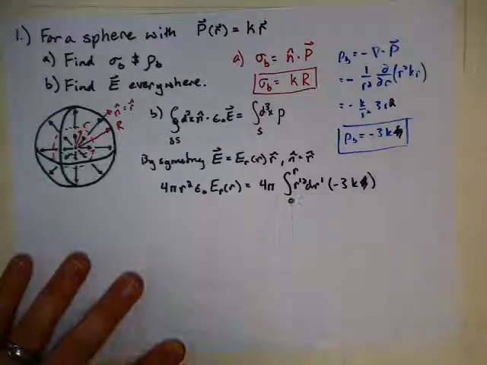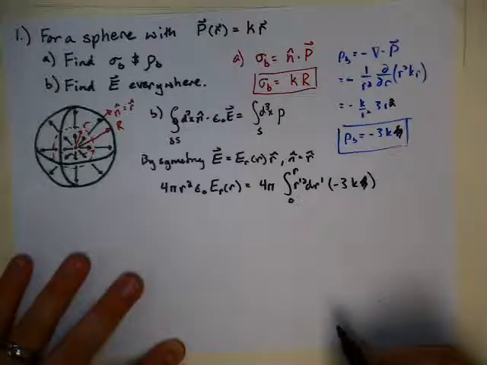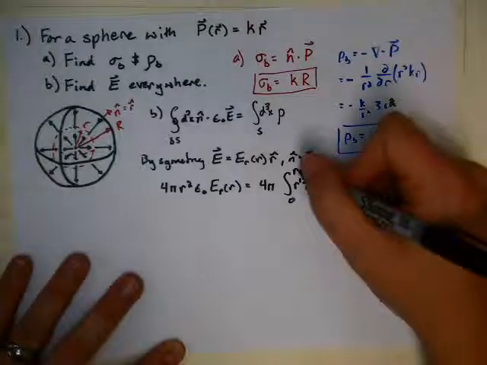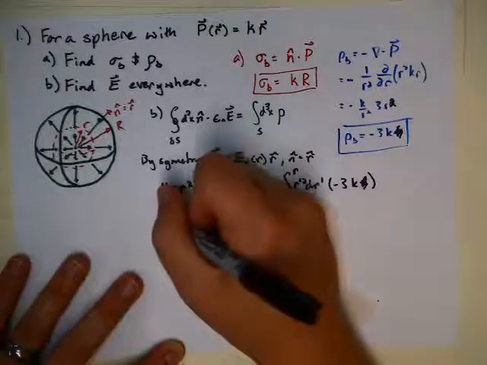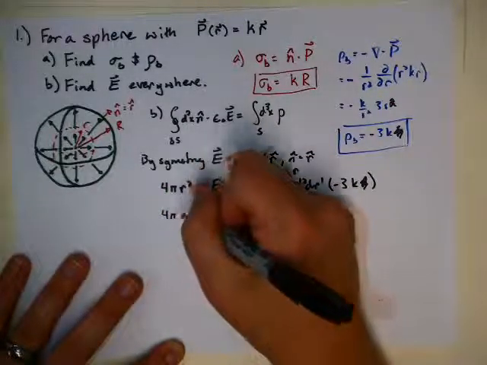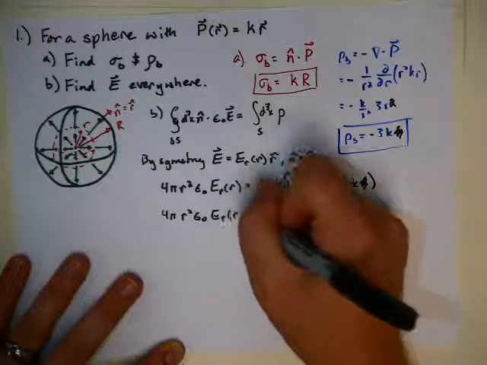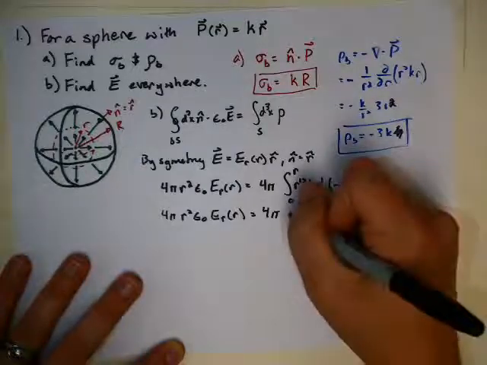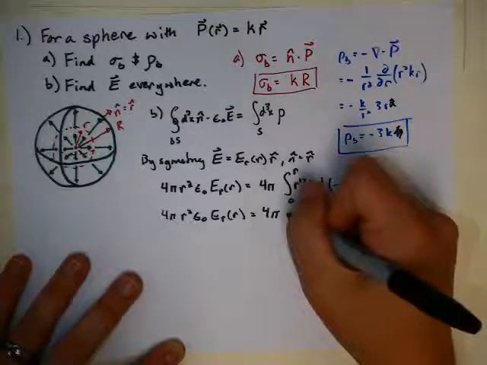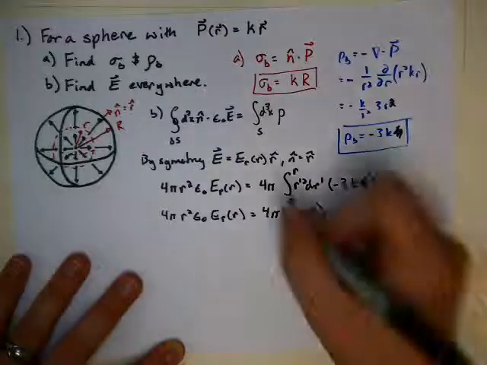I'm going to be integrating r squared dr, which gives me 1/3 r cubed. The 1/3 is going to cancel the 3. So I get 4 pi r squared epsilon naught E r of r is equal to 4 pi times minus k r cubed.